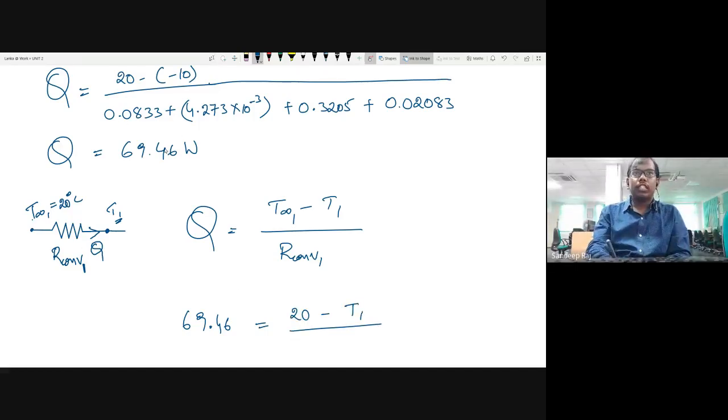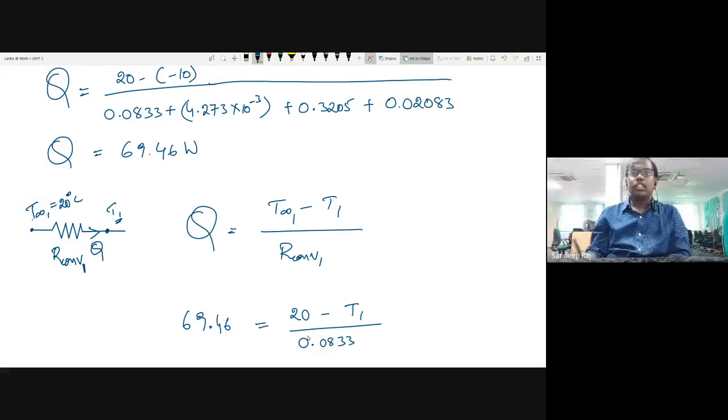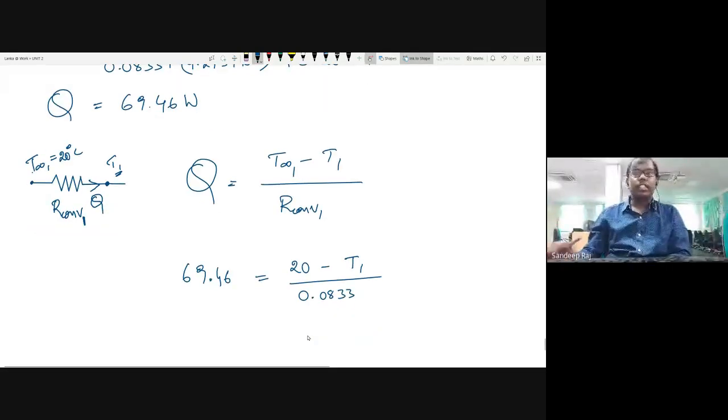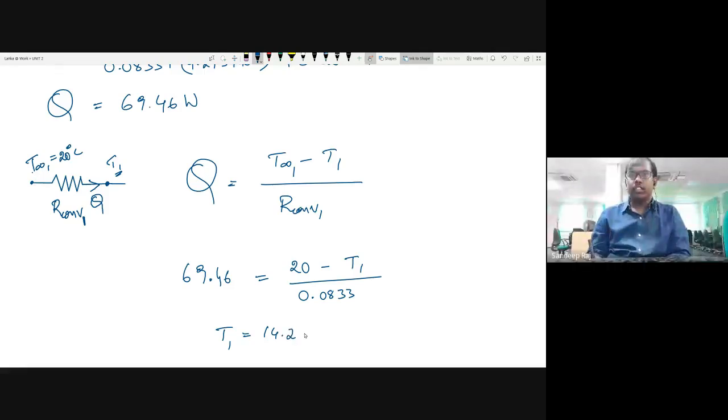R convection 1 is 0.083. This will give you T1 as 14.2 degrees centigrade.